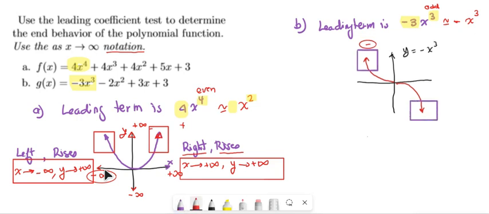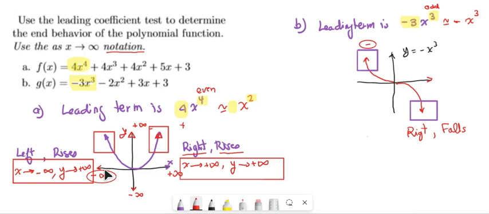Okay, great. We notice here that the graph is going to the right and going down, so it's falling. It falls to the right. How do we interpret this with the x and the y's?